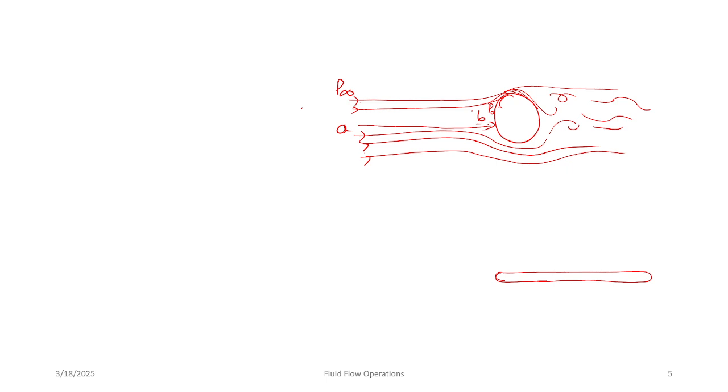The fluid coming from upstream point A will be stopped at point B, or its velocity becomes zero. This point B, where the velocity of the fluid becomes zero, is called the stagnation point.